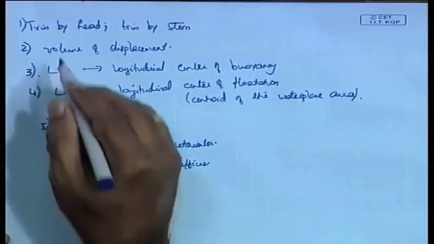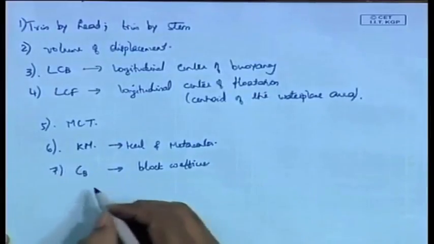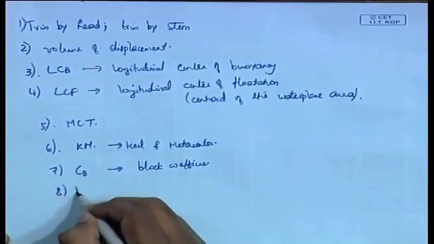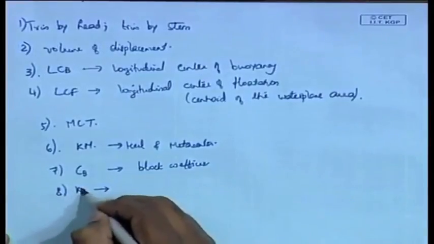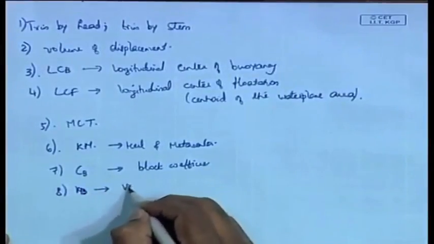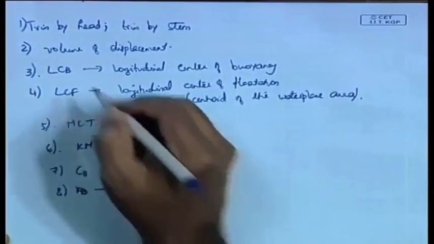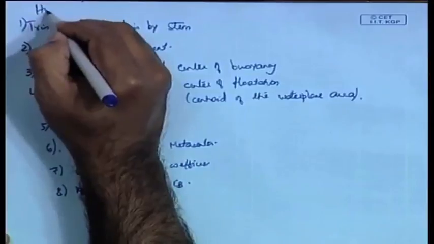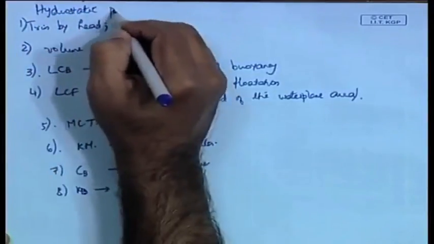So, these are some of the important terms that we have discussed so far, and KB is another one, it is the vertical center of buoyancy. Okay.